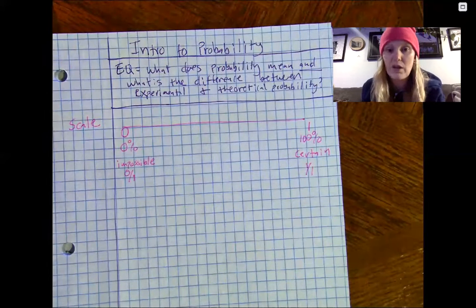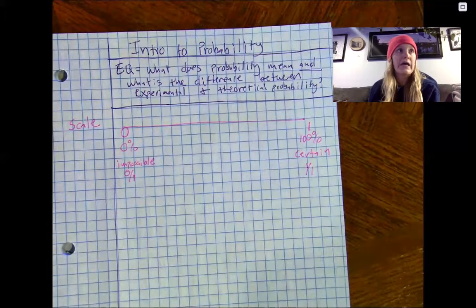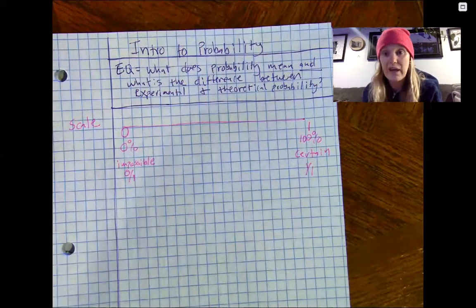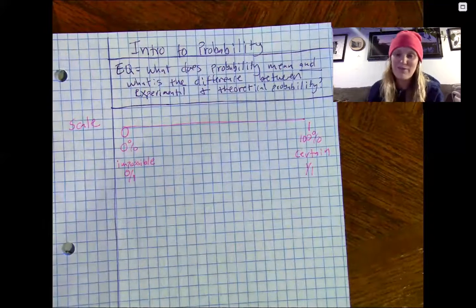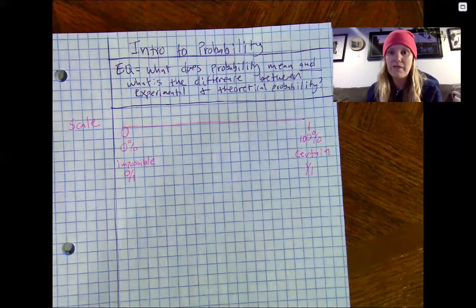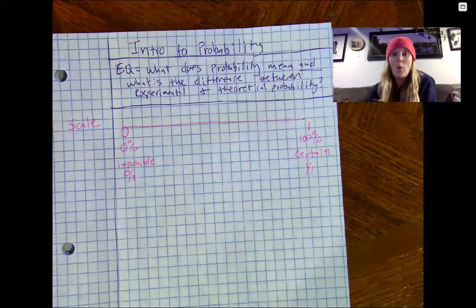Either one will happen. Another example is when you pick a state in our country, it will have a vowel in it. I always use that because vowels happen a lot. You could say the probability that the number 8 is divisible by 2 is certain. That's not necessarily probability, but it's just saying things that will always happen.